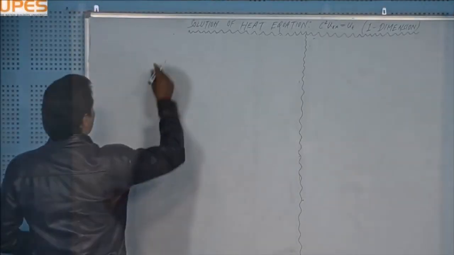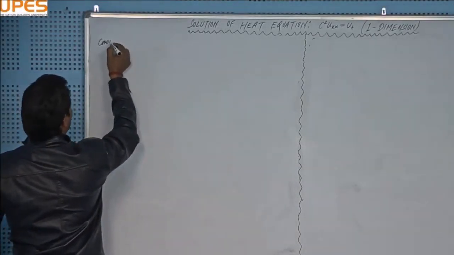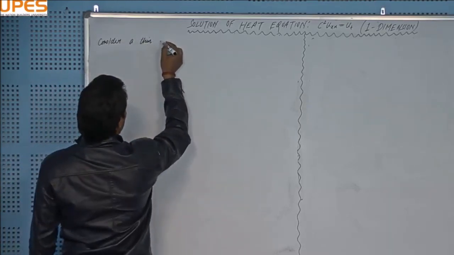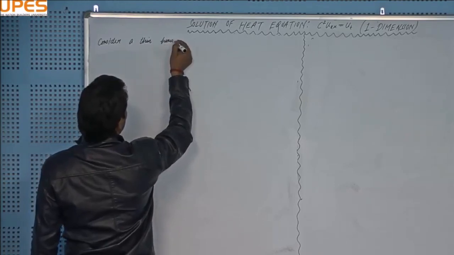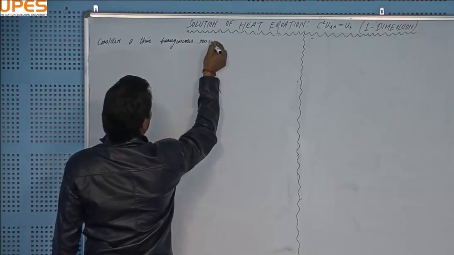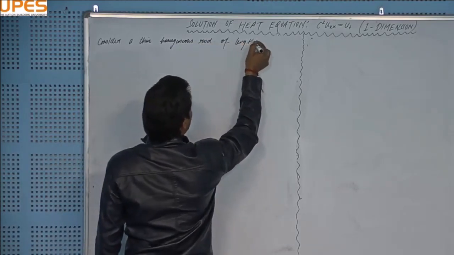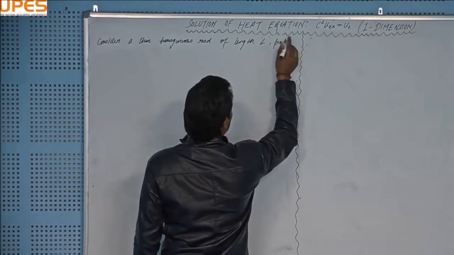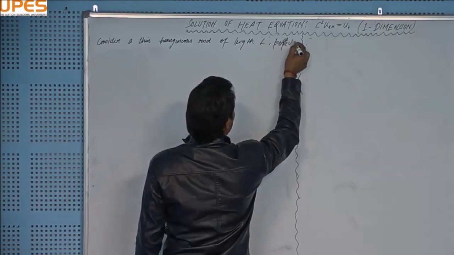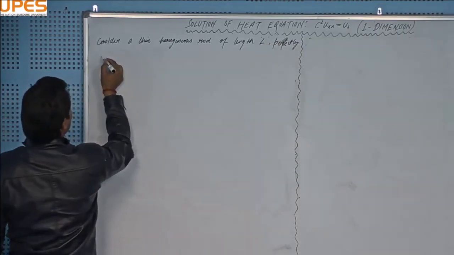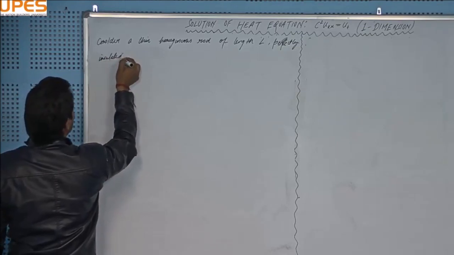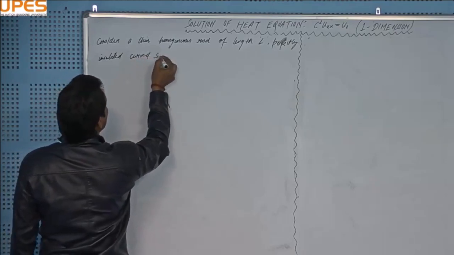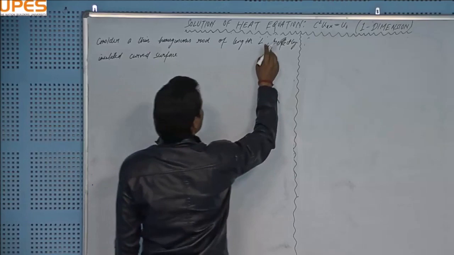How the heat equation is modeled. So you have to consider a thin homogeneous rod of length capital L, perfectly insulated (curved surface), right?